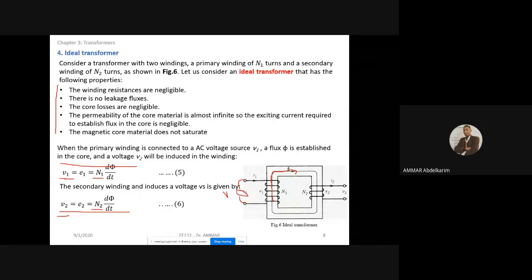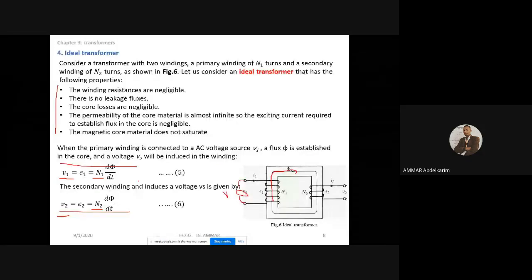So V1 equals E1 equals N1 d phi over dt. V2 equals E2 equals N2 times d phi over dt. The same flux, but the number of turns is different, so the voltage is different. Okay, let's move to the next slide.